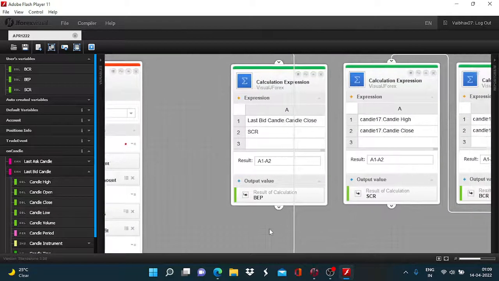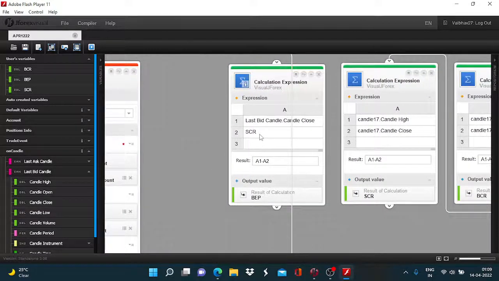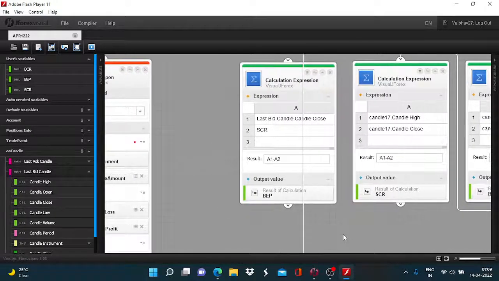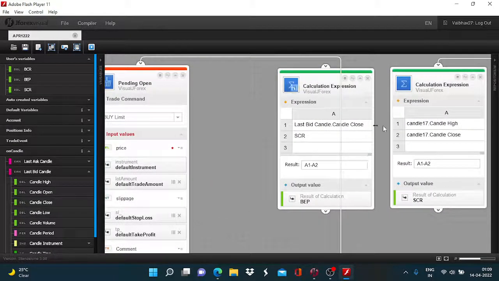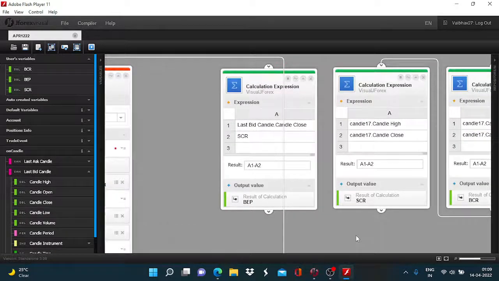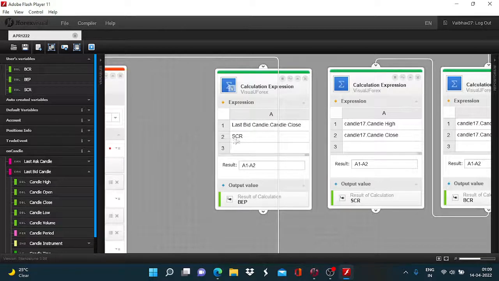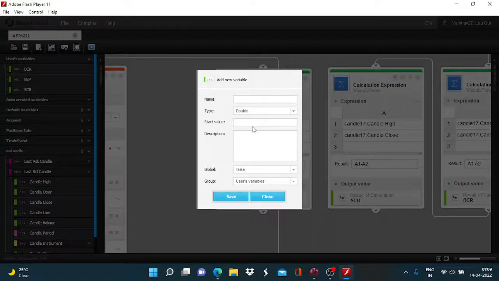I think we need to multiply this by 2, as we are likely to see that the difference between the close and a high is not going to be much, as this is the 15-minute candle. So for that purpose, I think I will add one more variable too. So let's create a new variable with the start value of 2.